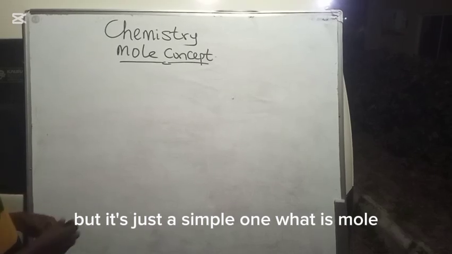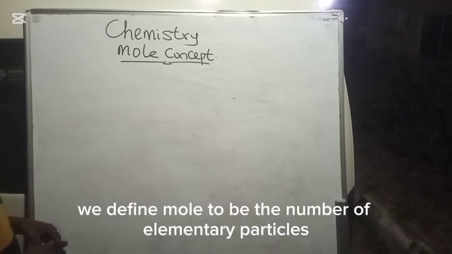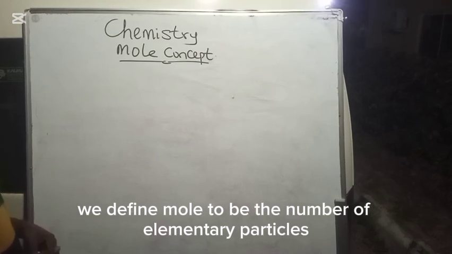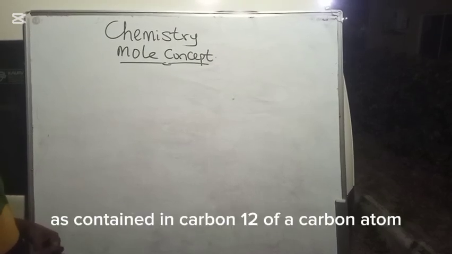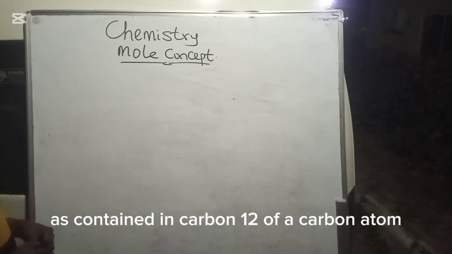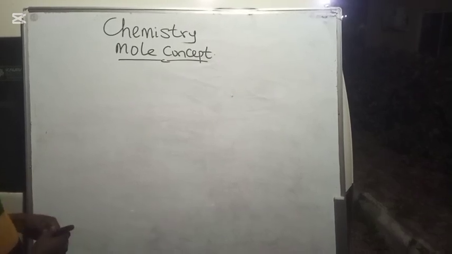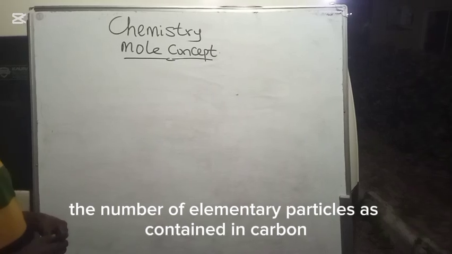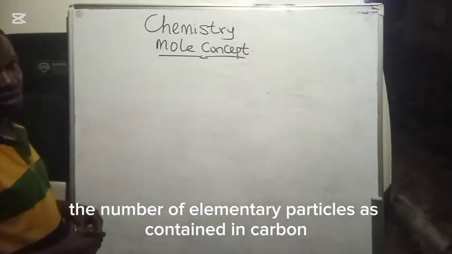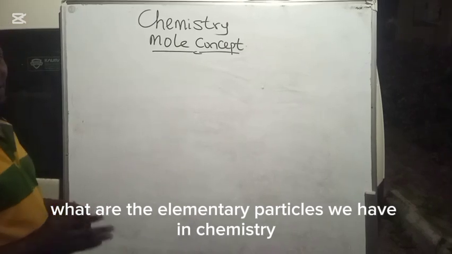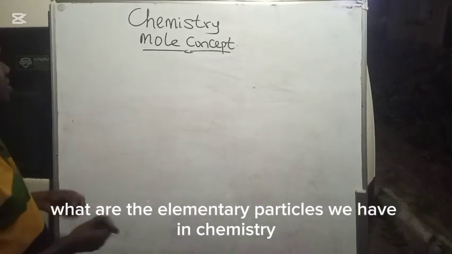What is a mole? We define a mole to be the number of elementary particles as contained in carbon 12 of a carbon atom. What are the elementary particles we have in chemistry?